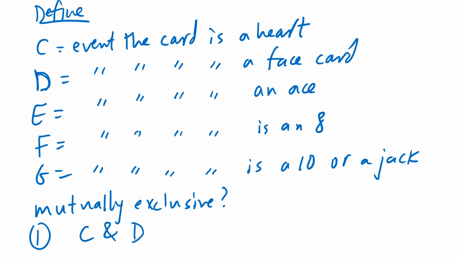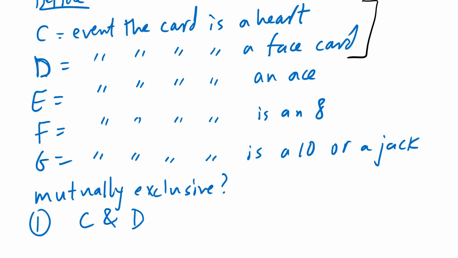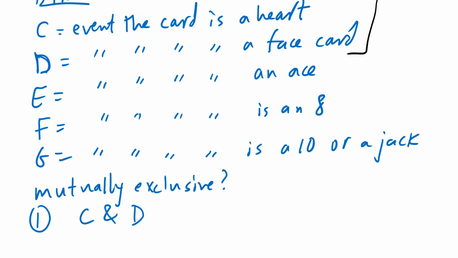To answer such a question, you ask yourself, do these two share anything in common? Can a card be a face card and a heart? Yes, it can. So this is not mutually exclusive, since you can have a heart that is also a face card.